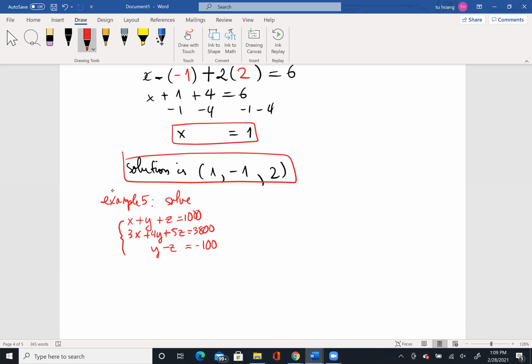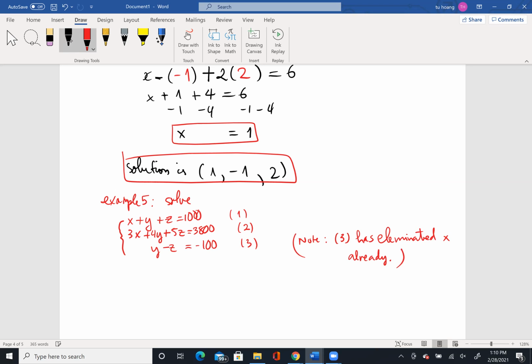So in here, you can see that here's equations 1, 2, and 3. Note that equation 3 has eliminated x, right?